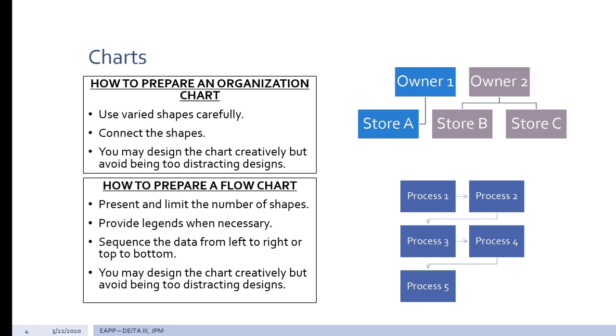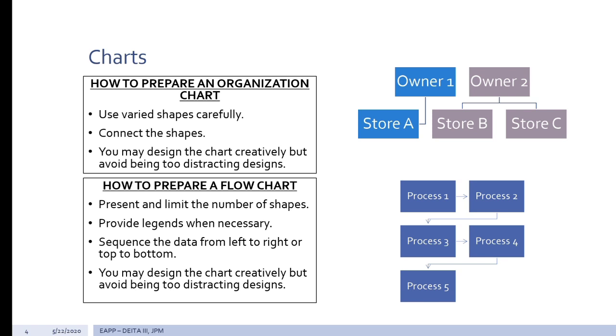Now, let's discuss the two types of charts. Let's start with the organizational chart or organization chart. This particular chart presents rankings, classification, and level of ideas. Okay. Now, how do you prepare the organization chart? First, use varied shapes carefully. You may want to choose a single shape.